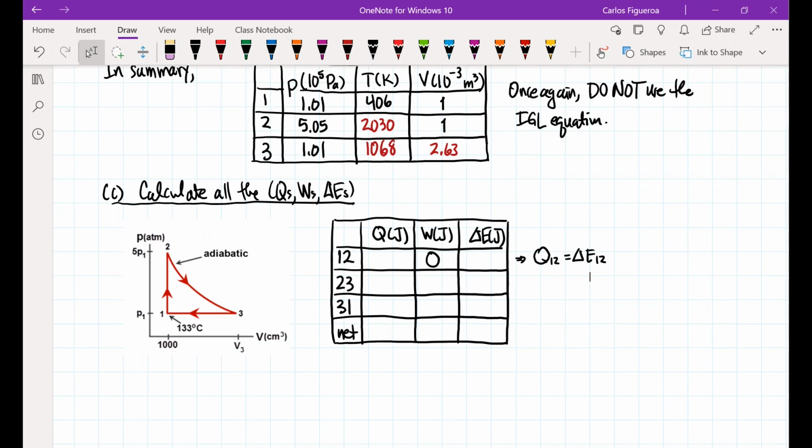What do I know about that process? Well, we already know that the work between 1 and 2 is 0. And so I'm going to use the internal energy between 1 and 2 to calculate the heat between 1 and 2, since they're the same.